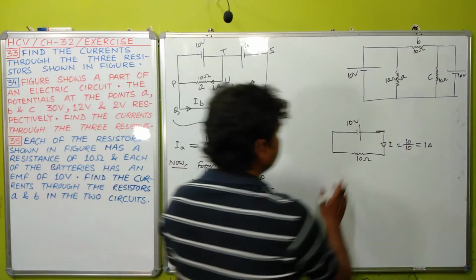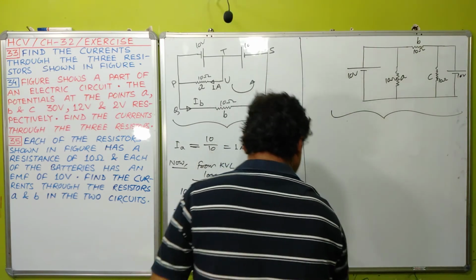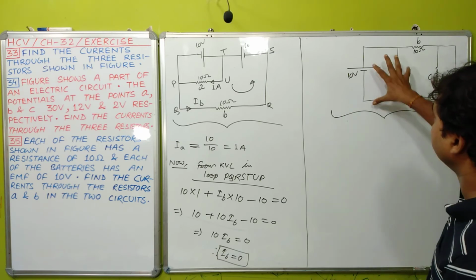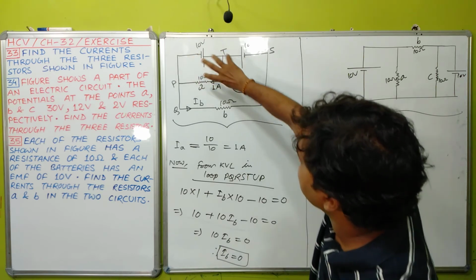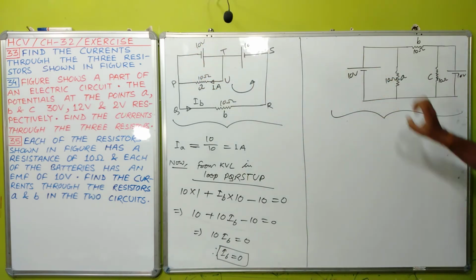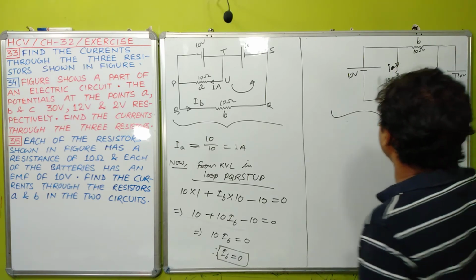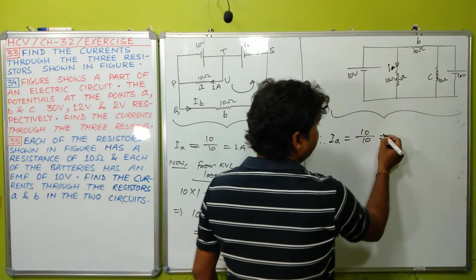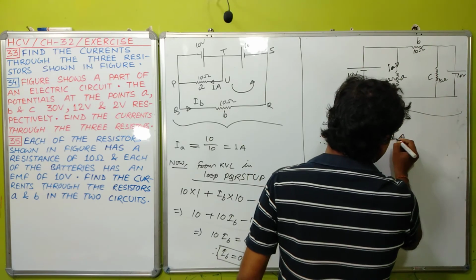Okay student, now let us move to second part. Now we have to find the value of current flowing through resistors A and B again. In fact this part is exactly the same, just rotate this part vertically. So if current flowing through A is IA, this IA will be, I equals to V by R, 10 by 10 means 1 ampere.